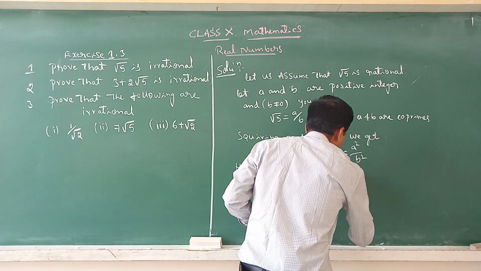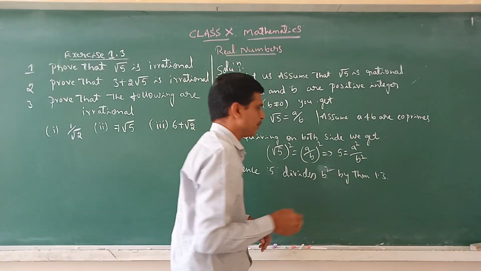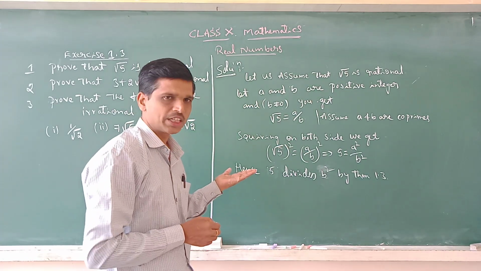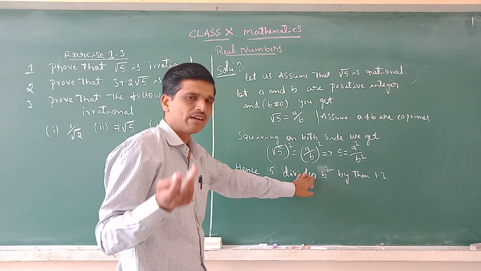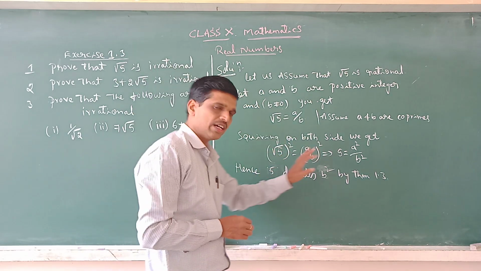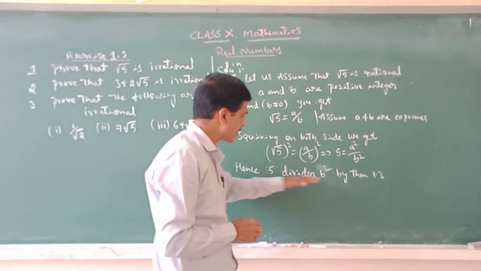So by theorem number 1.3, it says that if a prime number p divides a square, then it automatically divides a also. Here it is 5, so 5 divides b square.